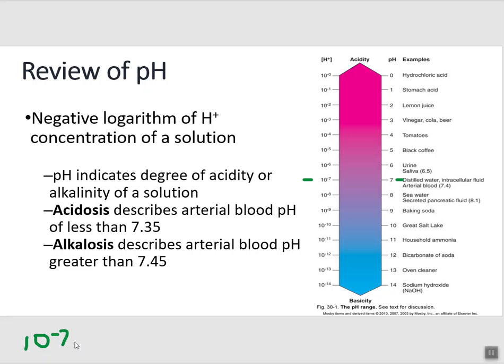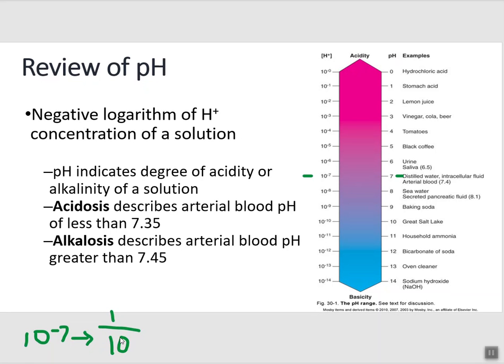I don't teach math, but just to let you know, 10 to the minus 7 is the same as 1 over 10 to the 7th. If I was more acidic, then I would be 1 over 10 to the 6th. Guys, the difference between this, I have 10 times more hydrogen ions here than I did here. How does that work out?